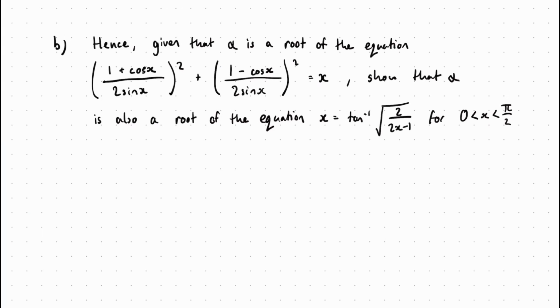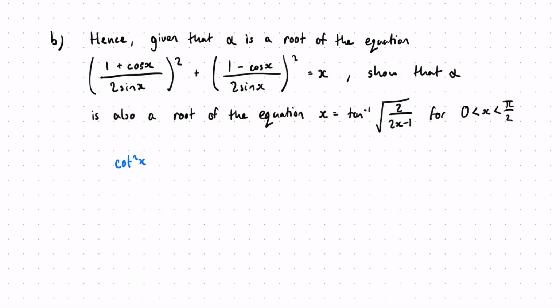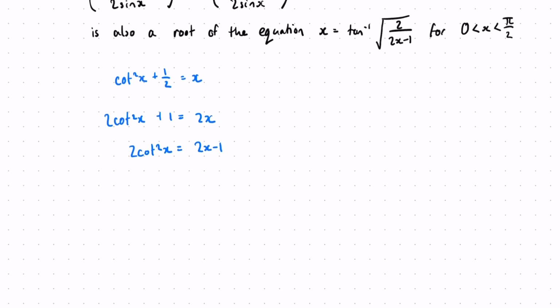So we're going to say cot squared x plus a half is equal to x. I'm going to get rid of a half by timesing through by 2 to give me 2 cot squared x plus 1 is equal to 2x. Take the plus 1 to the other side to get 2 cot squared x is equal to 2x minus 1.